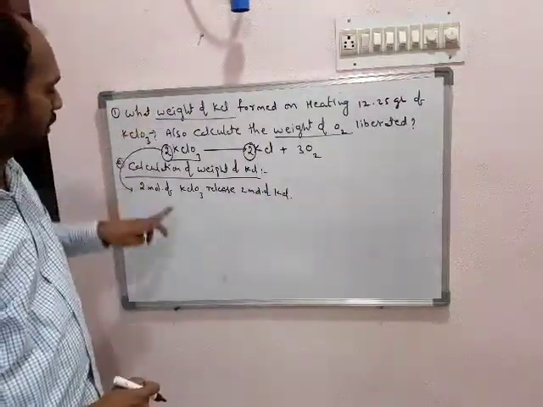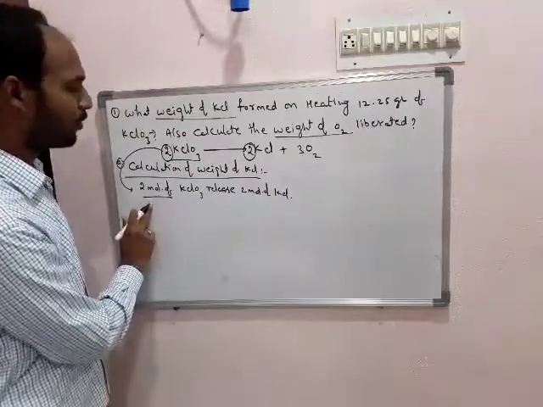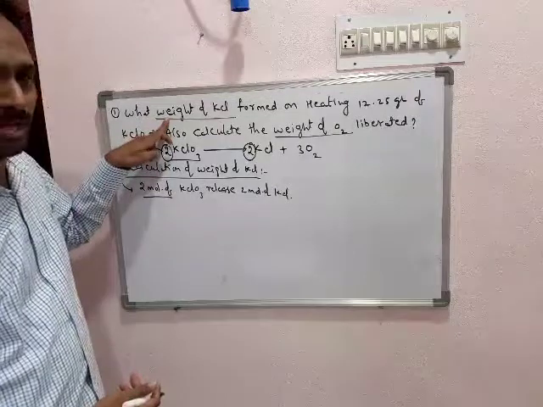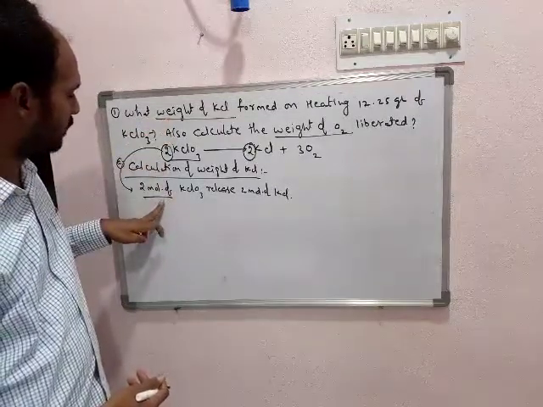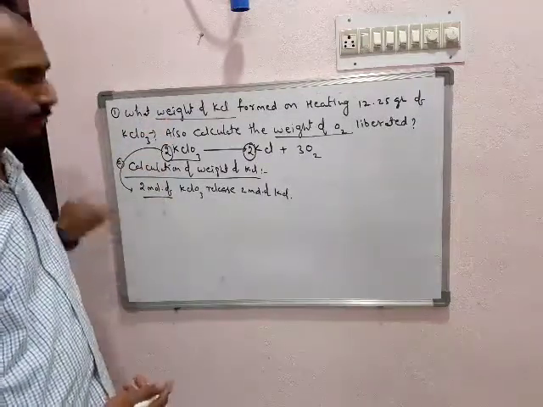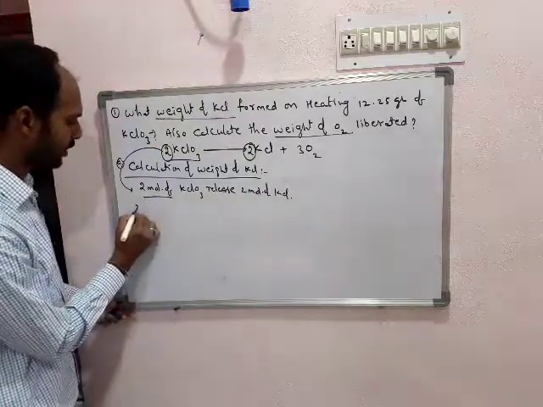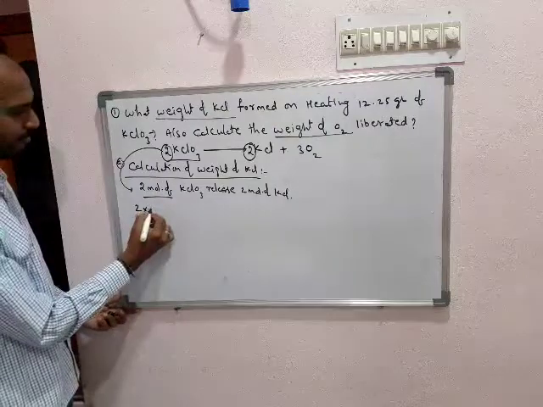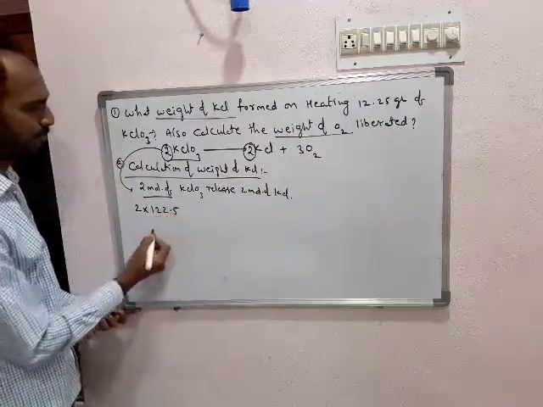To find the weight, we convert the moles into weight. 2 moles means 2 into its molecular weight. So KClO3 molecular weight is 122.5.